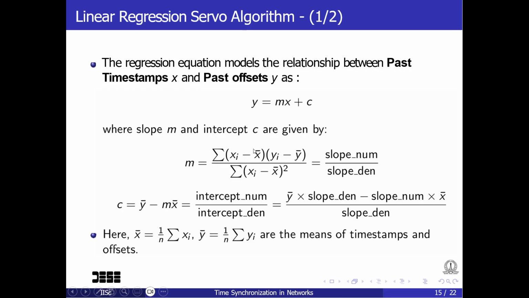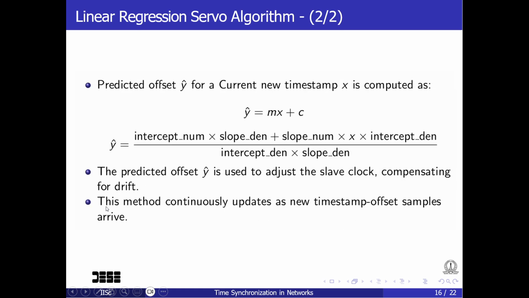In this formula, from all the past offsets and past timestamps, we compute and find these two parameters, m and c, the slope and intercept. Whenever any new timestamp x comes, we can find the predicted offset y cap using this formula.